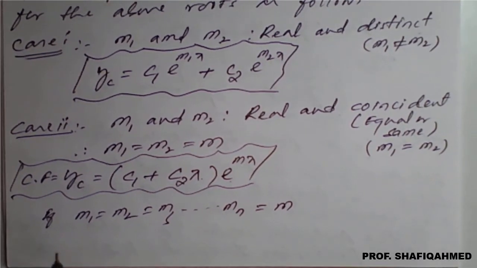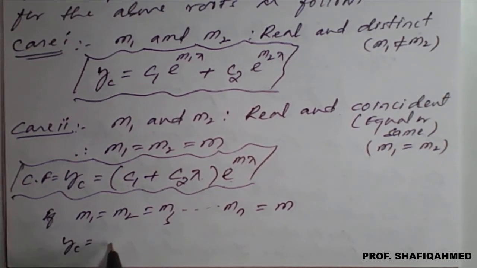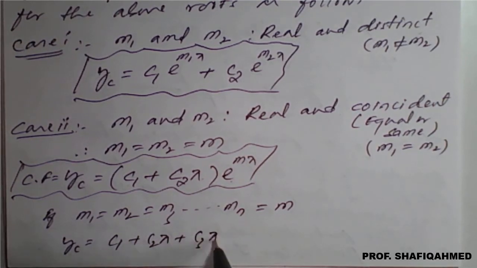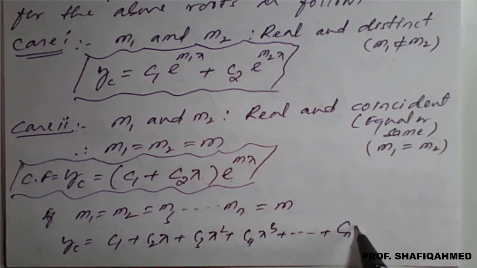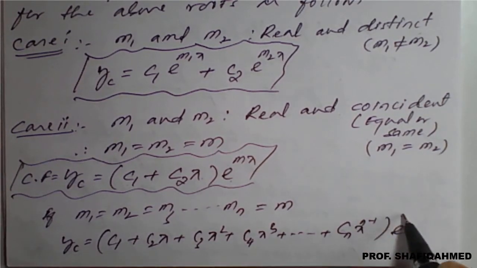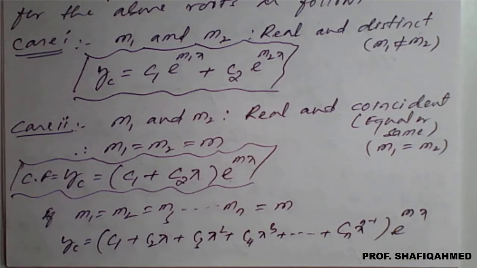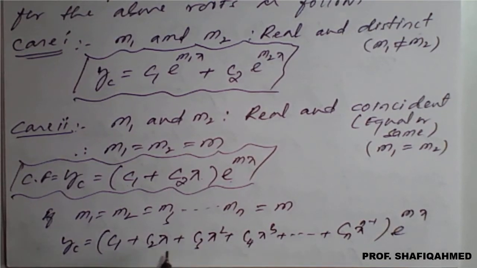At that time the complementary function yc is written as c1 plus c2x plus c3x square plus c4x cube plus so on, plus cn x raised to n minus 1, into e raised to mx. So in general, if three or four values of m are the same, meaning the roots are the same, at that time we can write it in this way.